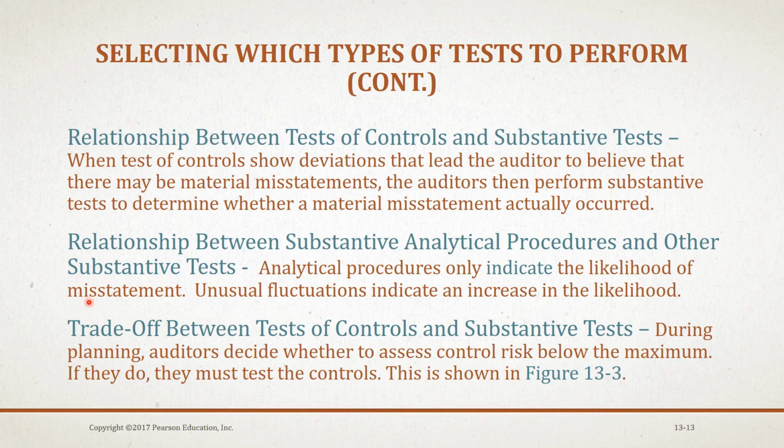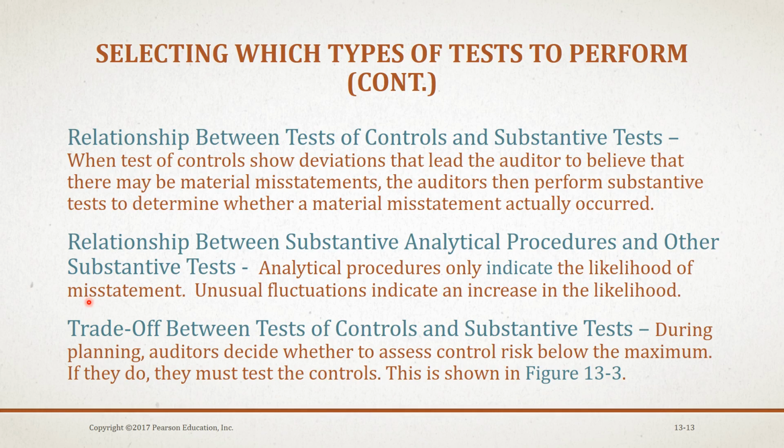What are the relationships between substantive analytical procedures and other substantive tests? Analytical procedures only indicate the likelihood of misstatement. Unusual fluctuations indicate an increase in the likelihood. So again, when you're doing a substantive analytic, that's only going to tell you there could be a misstatement.